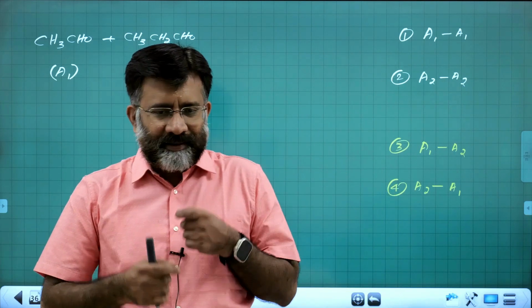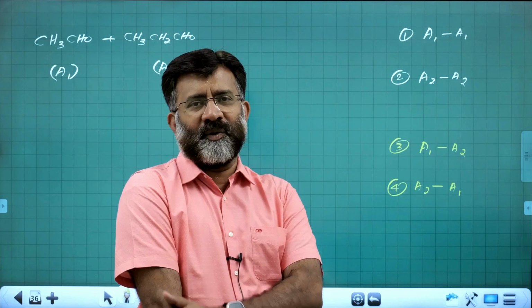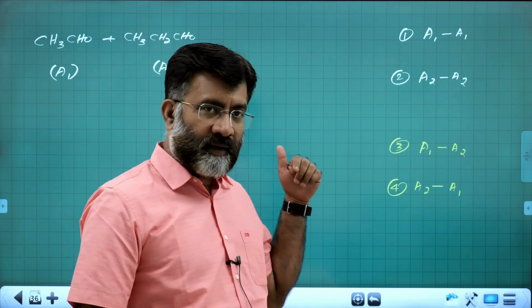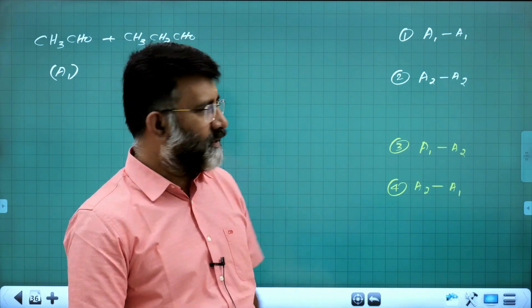A reaction started with A1 attacking A2 is called a cross aldol or mixed aldol reaction. Or the reaction is triggered by A2 attacking A1.